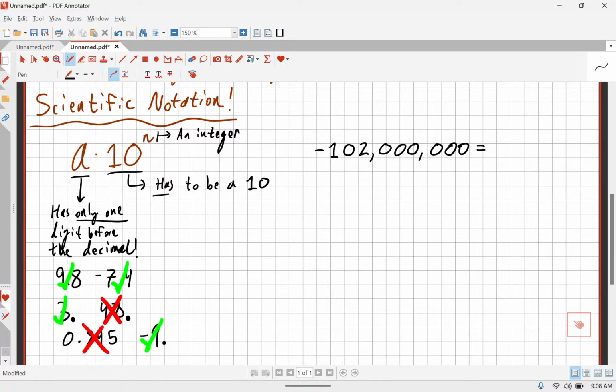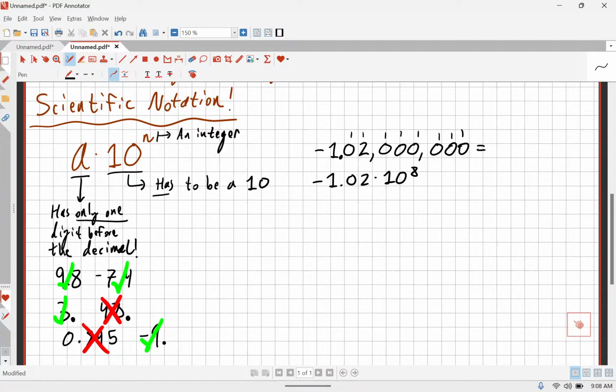Can I get you in 5, 4, 3, 2, 1? Molly, what did you get for that? Very good. Because if you put the decimal here, there's 1, 2, 3, 4, 5, 6, 7, 8 digits afterward. There's only one digit in front of the decimal, -1, and then you write the rest, and then you got there.